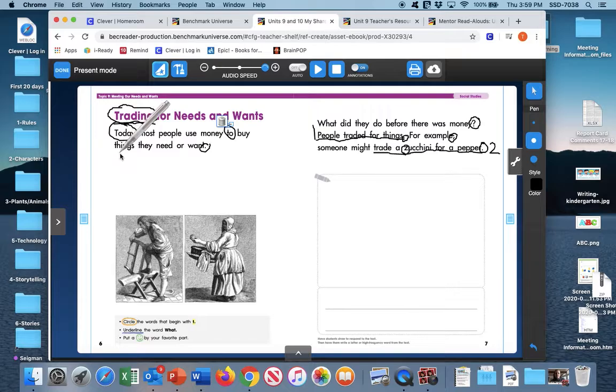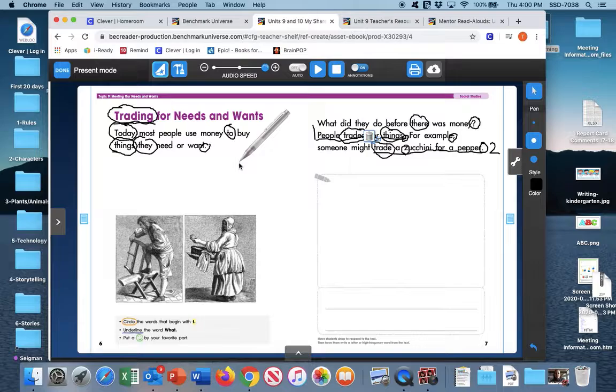Things begins with T, and they, but it doesn't have the sound of T, but it says circle the words that begin with T. So we're going to go ahead and do that, even though it has a special sound of the. And over here, going through, we have another one. And then we have traded again, circle that, and this one, and last trade again.